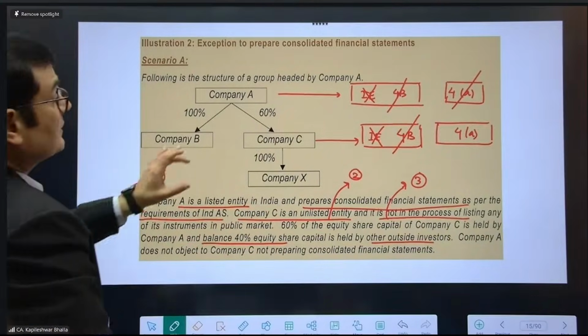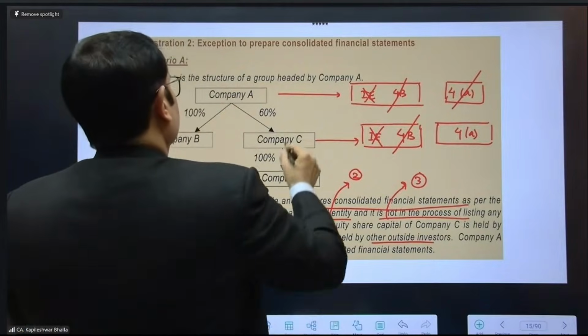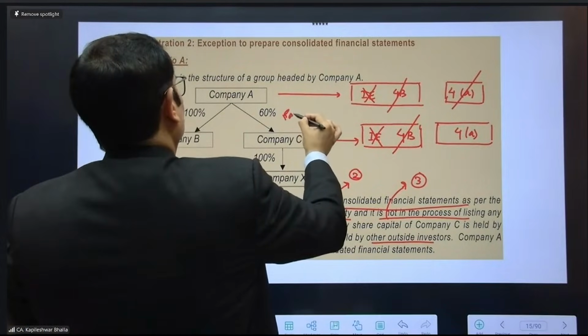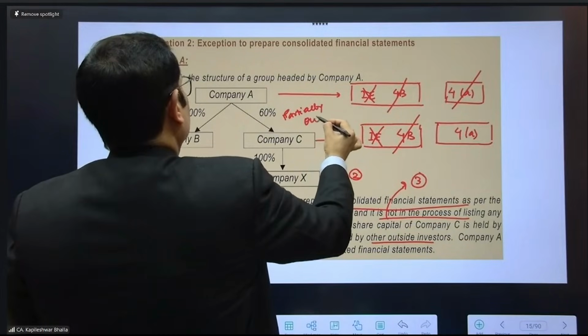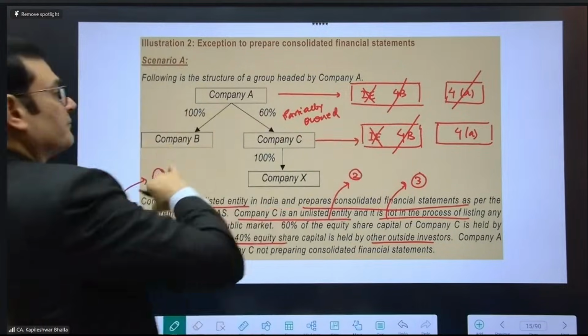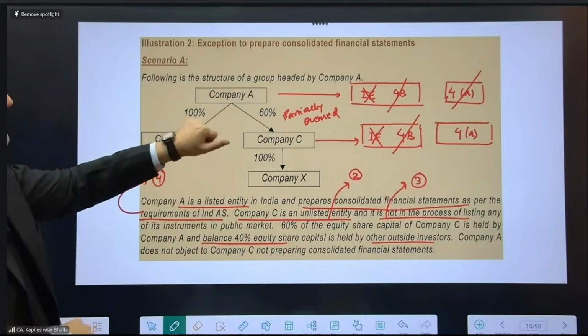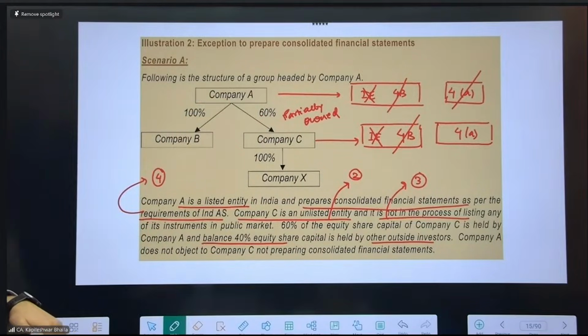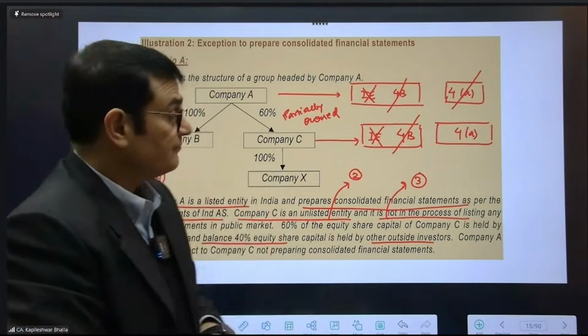Now, is C a wholly owned subsidiary of A or a partly owned subsidiary? I think it's definitely a partly owned subsidiary. So what do I need now in this particular case? If it's a partly owned subsidiary, do we need an NOC from those remaining 40%? Yes, sir.